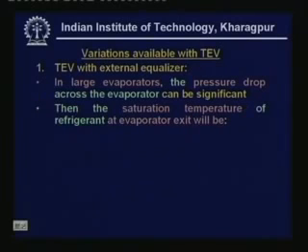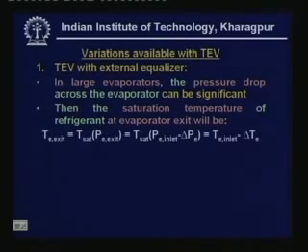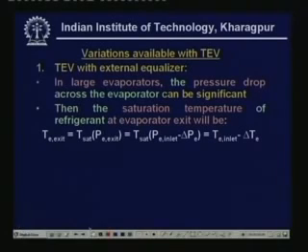Then the saturation temperature of refrigerant at evaporator exit is nothing but the saturation temperature at exit pressure. So T_e,exit is the saturation temperature at the exit of the evaporator. This is nothing but the saturation temperature at this exit pressure, and exit pressure is nothing but inlet pressure minus delta P. Okay, delta P is the pressure drop across the evaporator.